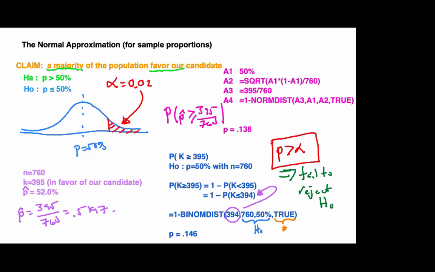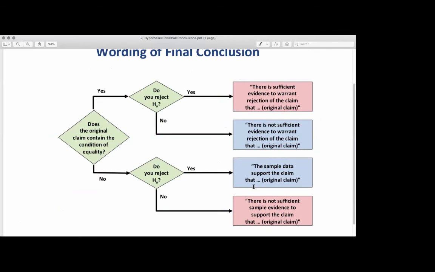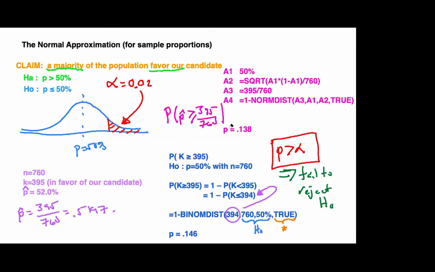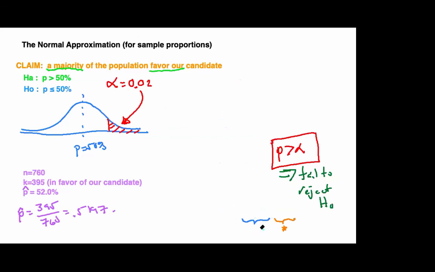So how would we actually state the conclusion? Well, let's jump back to the flowchart really quickly. Our claim did not contain the condition of equality, so we're on this path here, and we did not reject the null. So there is not sufficient evidence to support the claim that a majority favor the candidate. I'm going to erase some of this so I can put this in here. I don't really need the p-values anymore.